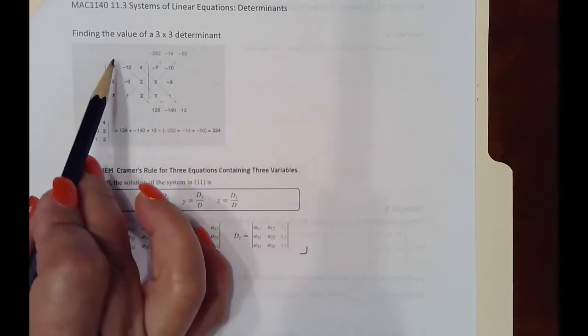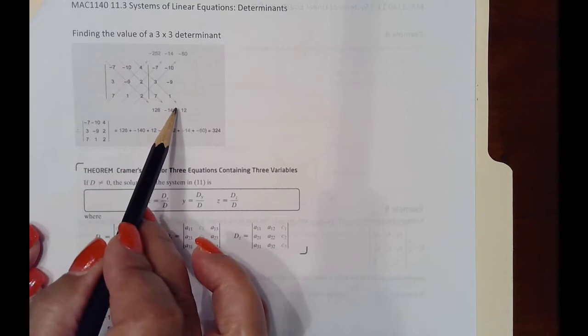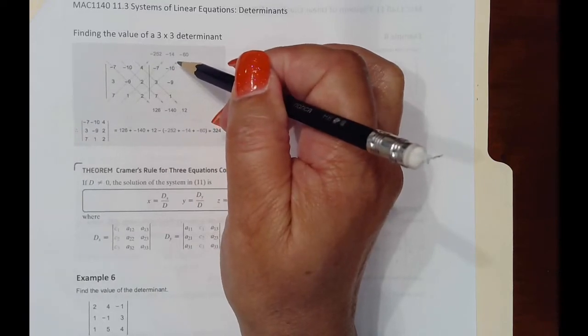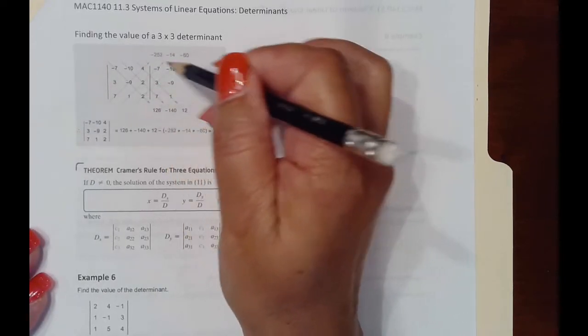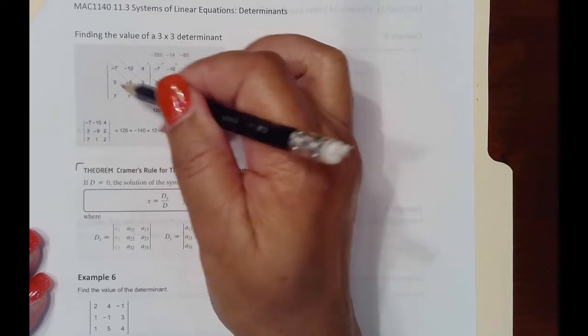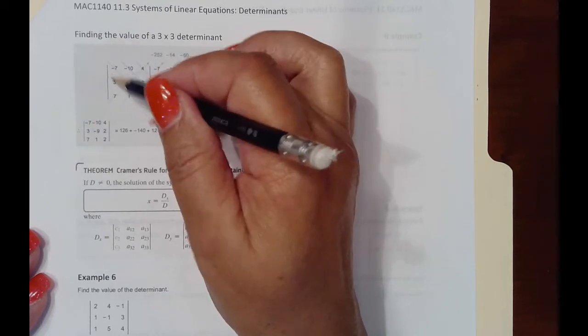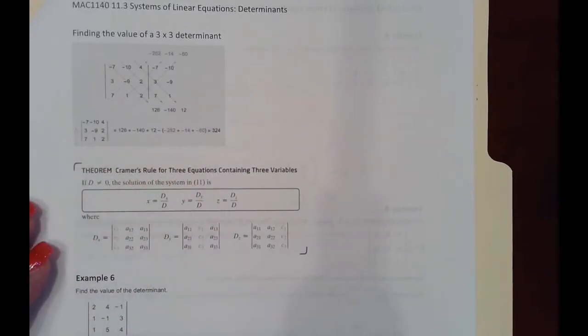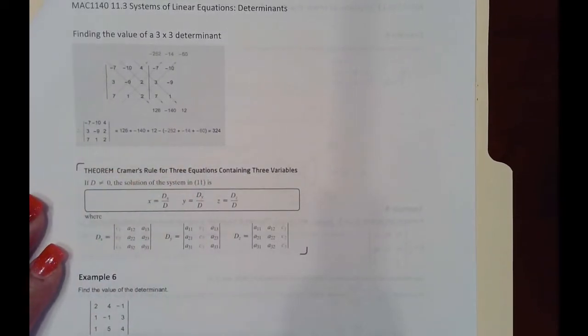So product plus product plus product, that'll be your downward product value, and then product plus product plus product, that'll be your upward product value. And you'll subtract the sum of the upward products from the sum of the downward products. And that is written for you right out here.